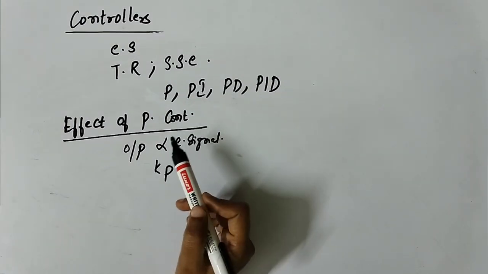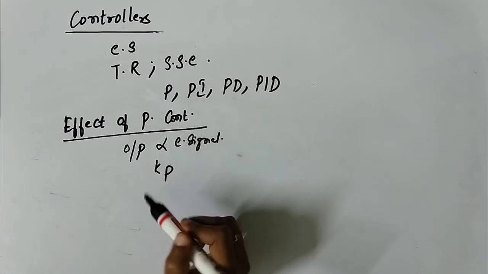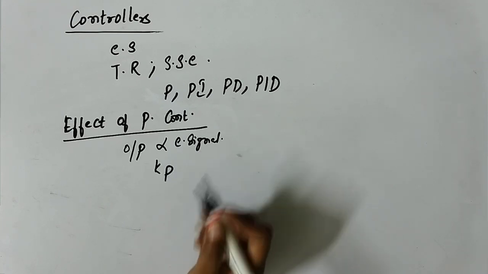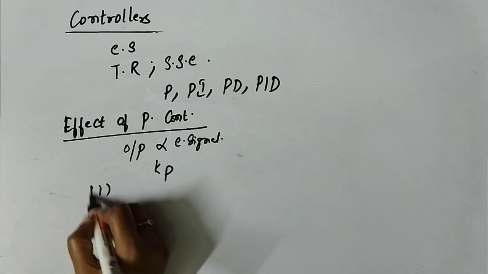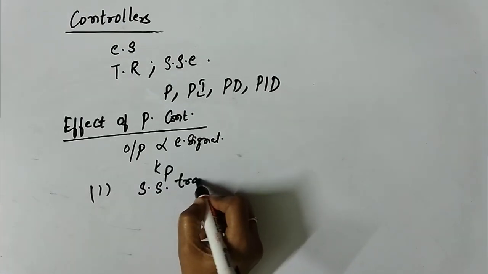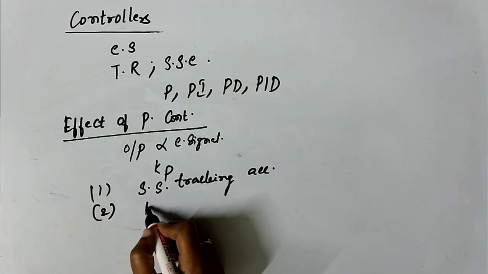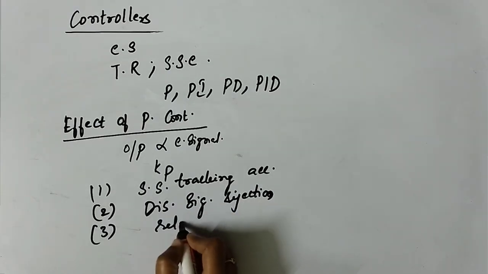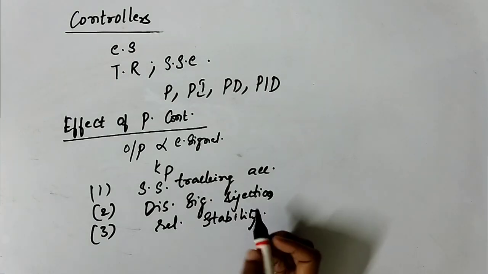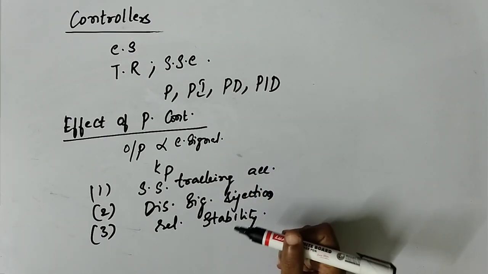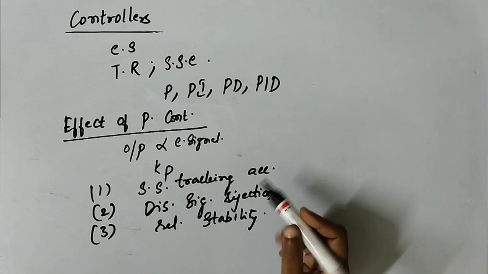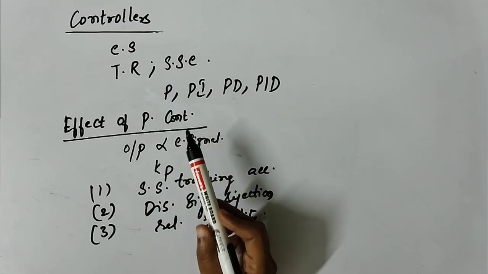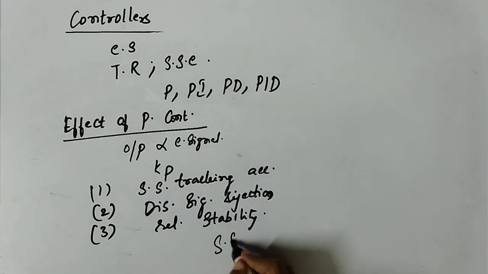The proportional controller amplifies the error signal and increases the loop gain of the system, and the system behavior is improved by increasing loop gain, that is, in terms of steady state tracking accuracy, second, disturbance signal rejection, and third, relative stability. In addition to the increase in loop gain, it decreases the sensitivity of the system to parameter variations, and the drawback of this proportional controller is that it produces a constant steady state error.